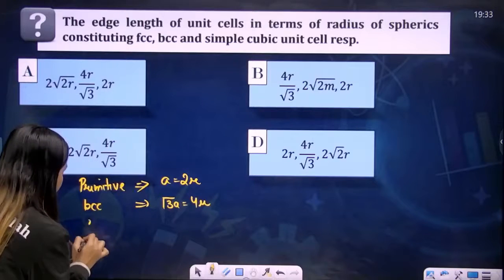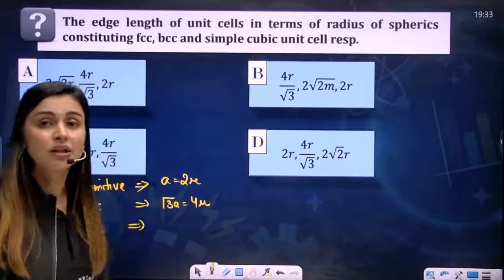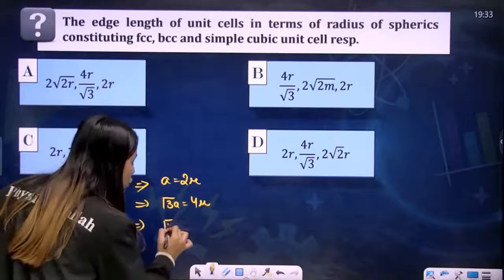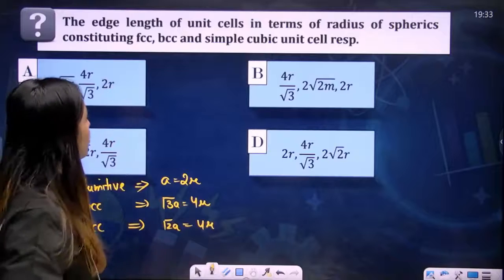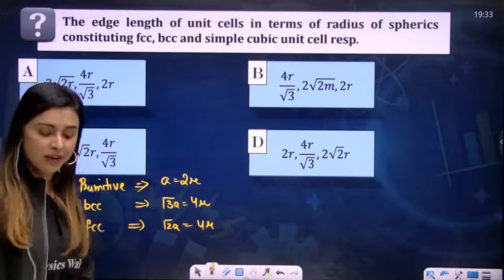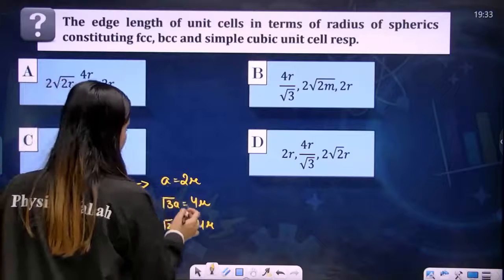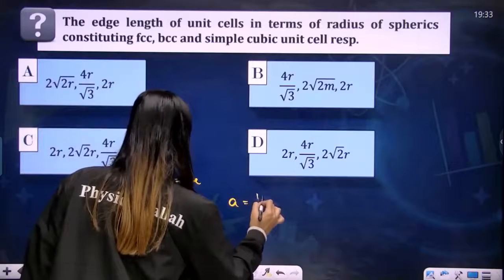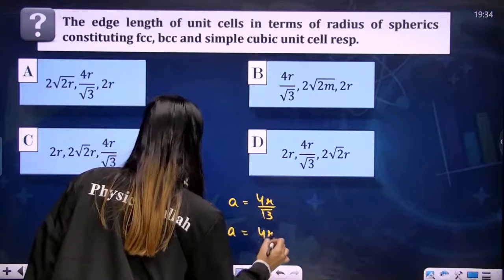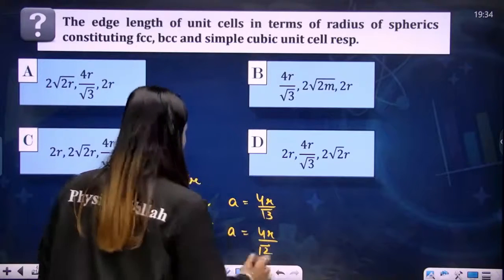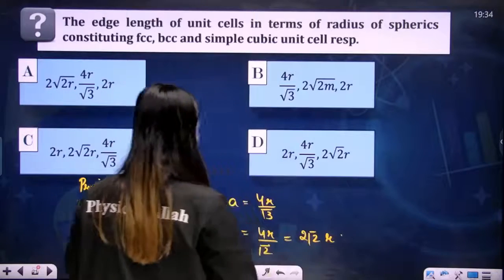And for FCC, the atoms touch along the faces, so I can say that root 2 a distance is equal to 4r. We have to give a value in terms of r. So here a will be equal to 4r by root 3, and here a value will be equal to 4r by root 2, which is equal to 2 root 2 r.